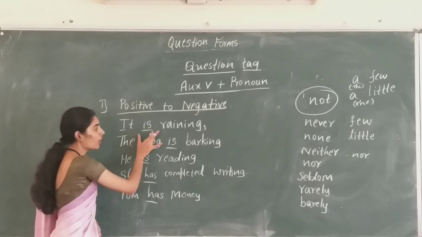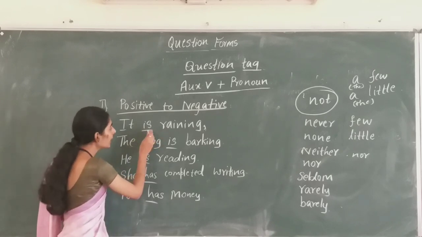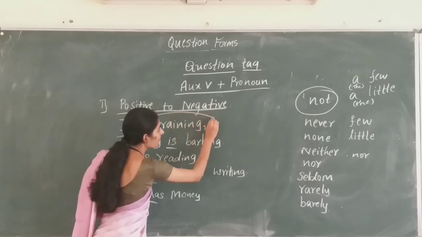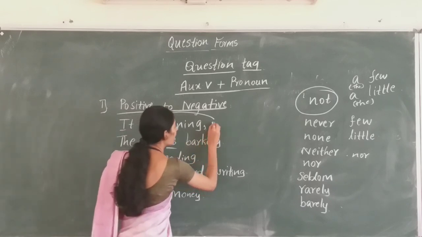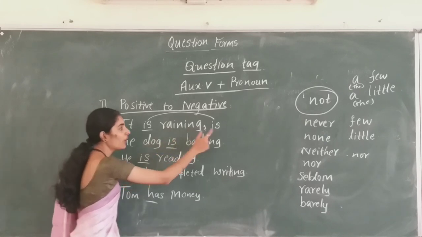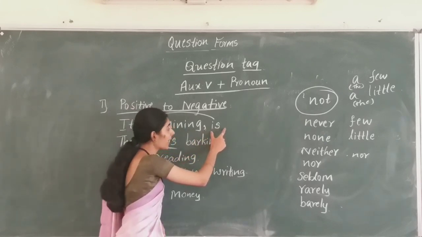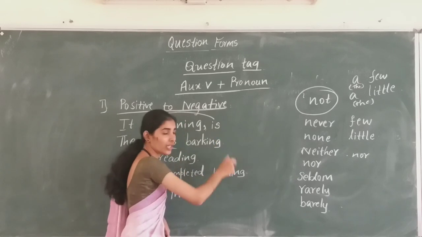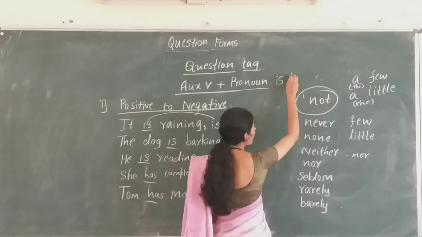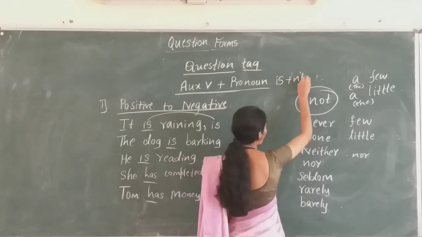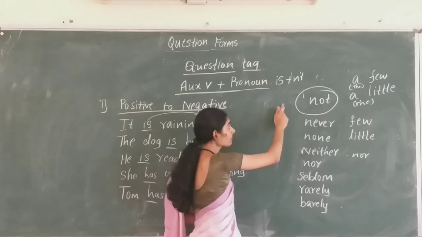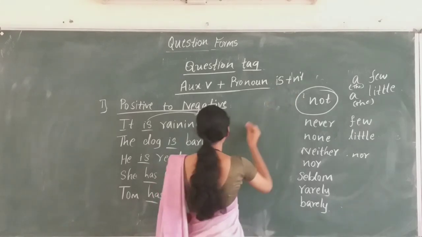We take this helping verb, write it here: is. This is positive, so the tag must be negative. We add n't to is, that is not, and it becomes isn't.